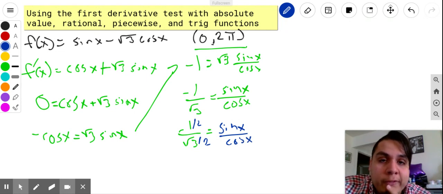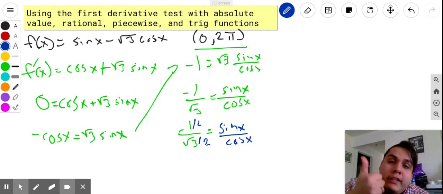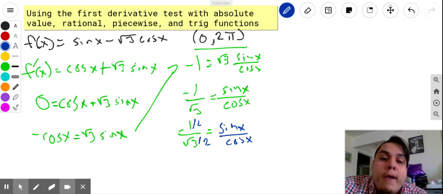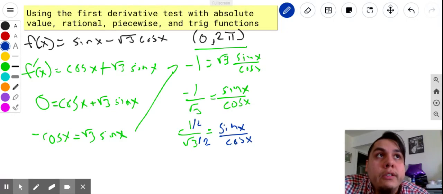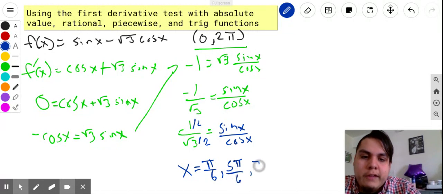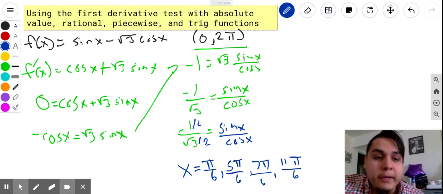So if I think about the fact that I have a 1/2 for a sine value and a radical 3 over 2 for a cosine value, I can use that to state that sine would equal a half when x is equal to pi over 6. So I know I'm looking at either pi over 6, 5 pi over 6, 7 pi over 6, or 11 pi over 6, because I was able to identify the reference angle.